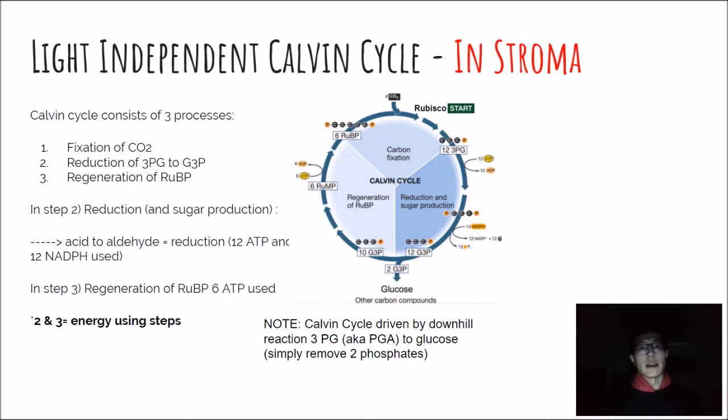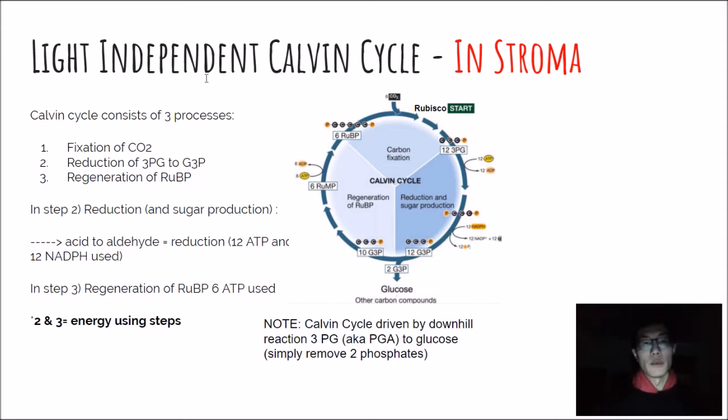Now, the Calvin cycle consists of 3 different processes. The first step is fixation of CO2. The second step is reduction of 3-PG to G3P, 3-phosphoglycerate into glyceraldehyde 3-phosphate.